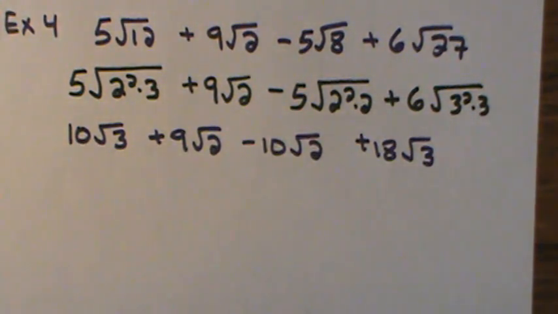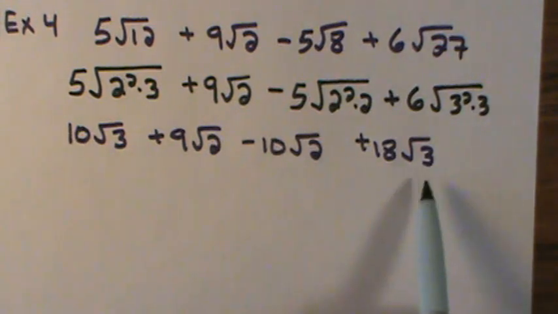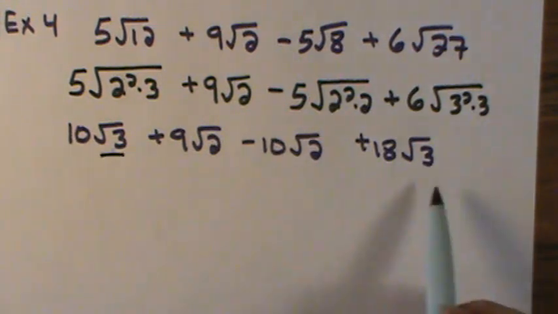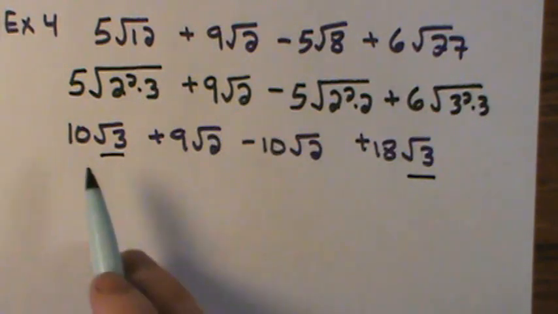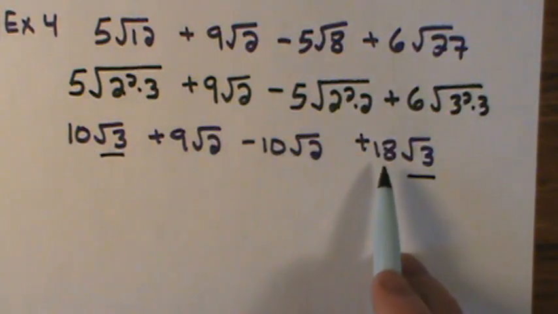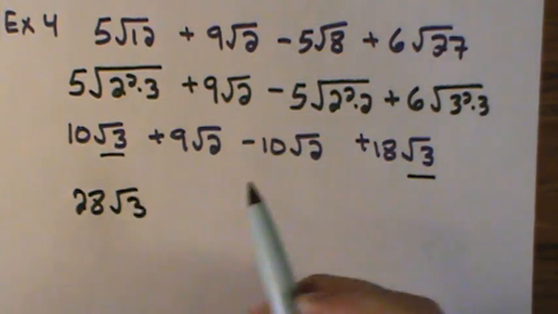At this point, I look for like variables or like critters. So I notice that the first and last terms have the same label. They each have a rad 3, so I would be permitted to add or subtract their coefficients. 10 plus 18 would be 28, radical 3.